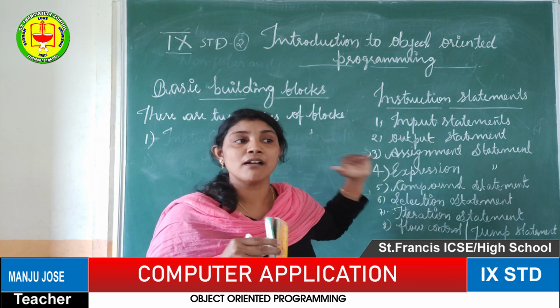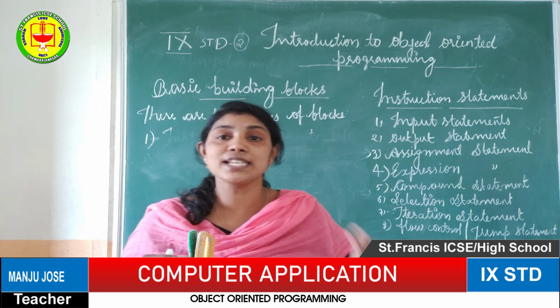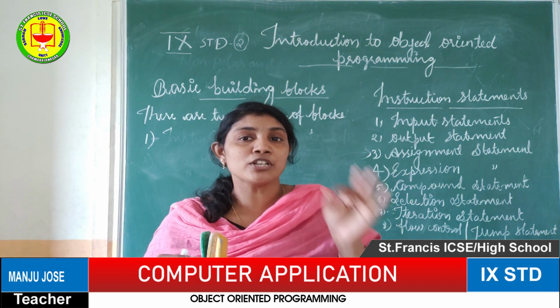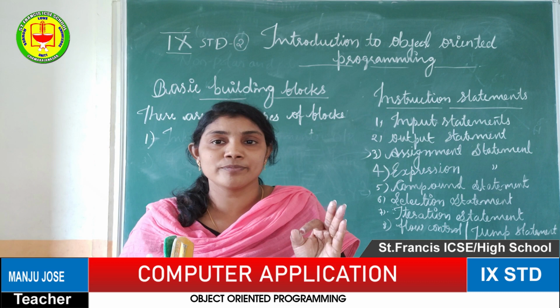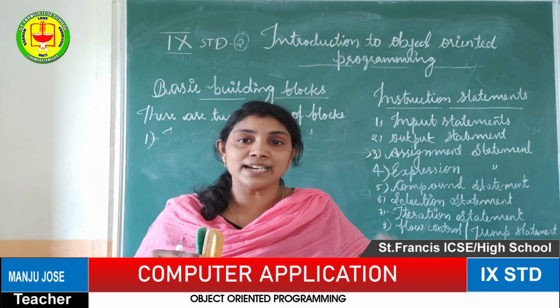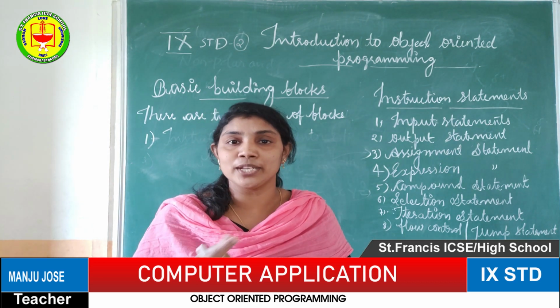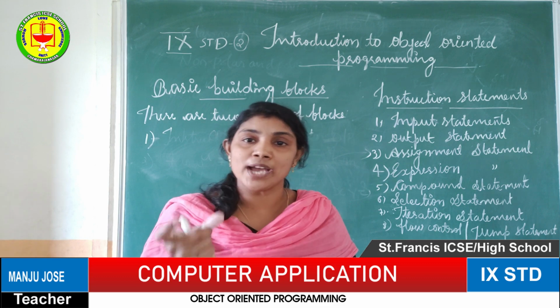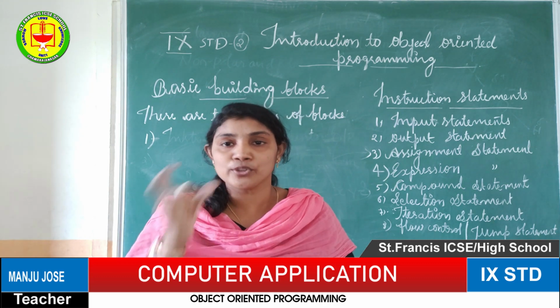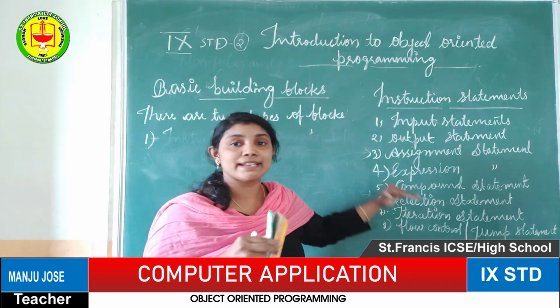The selection statement is always represented by a conditional. We provide one particular, specific condition, and based on this condition the program executes. While executing, we get two answers, either yes or no. For that purpose we use the selection statement.